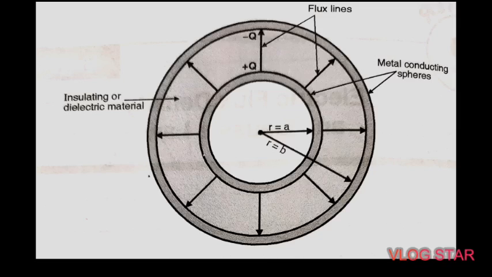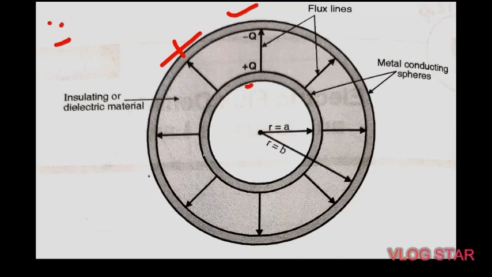Then the inner sphere, which consists of plus Q charge, is taken out, leaving only the outer sphere. Now if we measure the charge present on this outer sphere, it will be equal to minus Q. This is minus Q and this is plus Q.